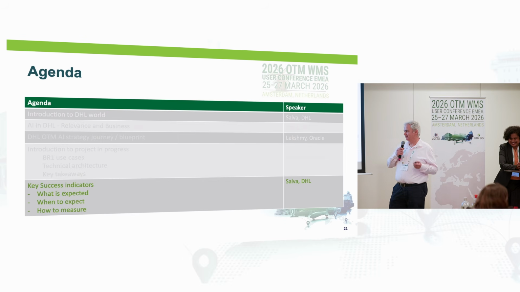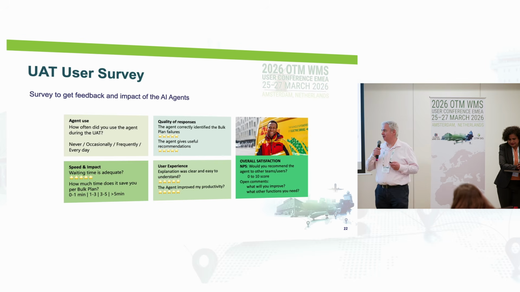What are the things that we expected and how are we measuring or trying to measure this? One of the things that we have planned is this kind of survey. It will probably be modified, and here it is more focused on the bulk plan side, but this can give you an idea of what we would ask the users. How often have you used this agent, in order to understand if we really have penetration among the users or not?